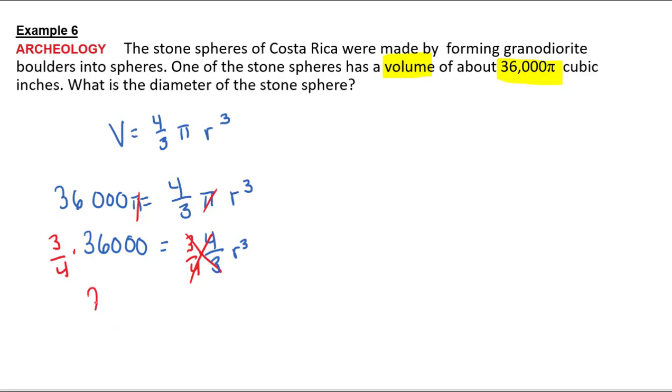So I get 27,000, I apologize, equals r cubed. Now I have to take the cube root of that. When I take the cube root, remind me to show you how to do this on your calculator, you get r to be 30, so therefore my diameter is 60 inches.